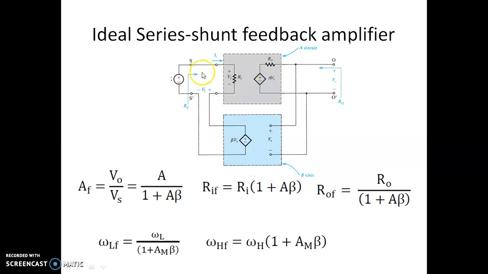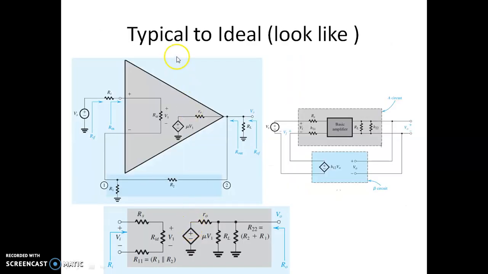With all these as ideal things, we have the closed loop gain, input impedance, output impedance with feedback, and of course we also find the expression for the lower cutoff frequency and higher cutoff frequency, that is the bandwidth of the amplifier. So now we will consider this typical amplifier to look like an ideal one.